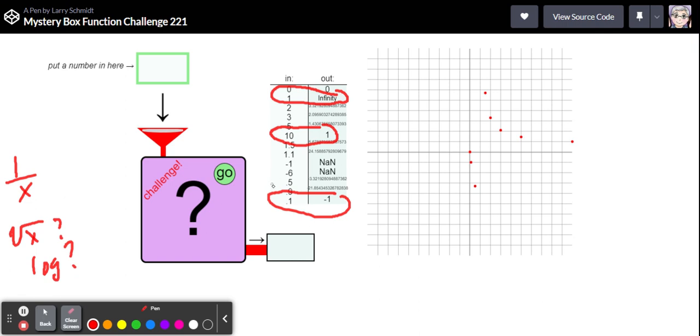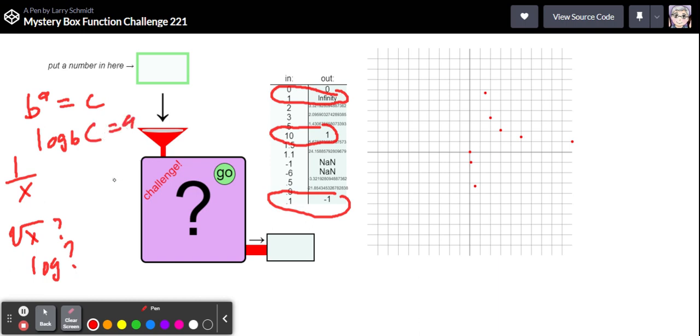So let's talk about logs for a minute, because that's the thing that's most intriguing to me right now. So remember, when you write a log, it's kind of a translation of, or I think about it as a translation of, an exponential statement. So if you have some base, you raise it to a power a, you get out this result c. When you take the log of something, it's log base, and then you put in that value c, and you get out the power.